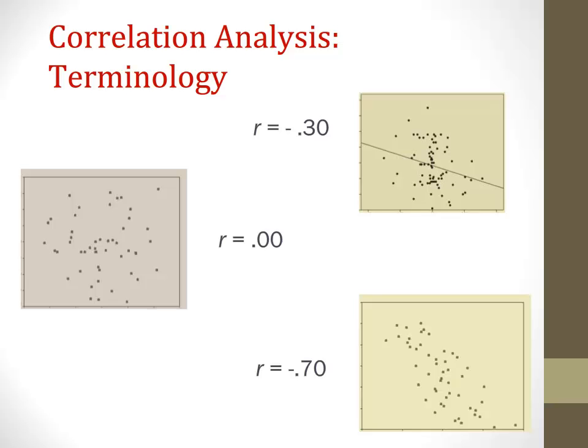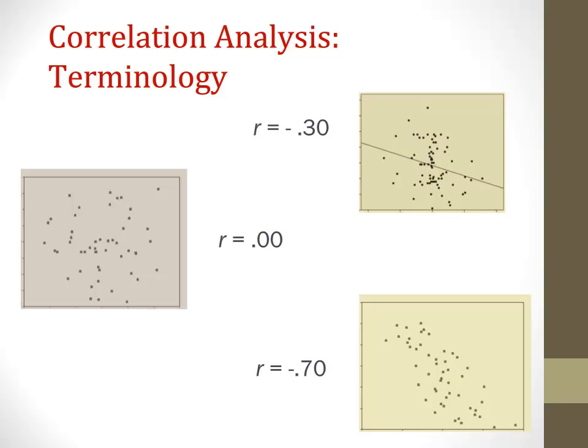So 0.70 is stronger than 0.30 because 0.70 is closer to 1. In the same way, negative 0.70 is stronger than negative 0.30 because negative 0.70 is closer to negative 1.